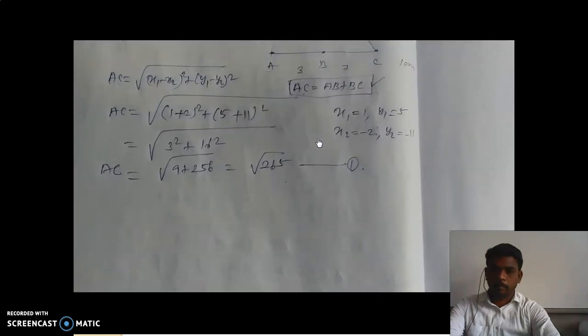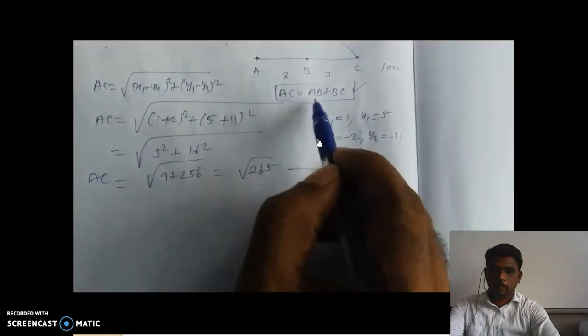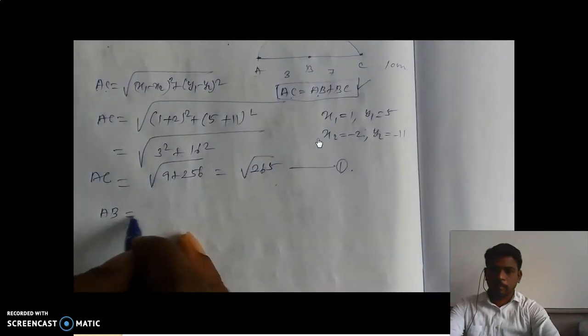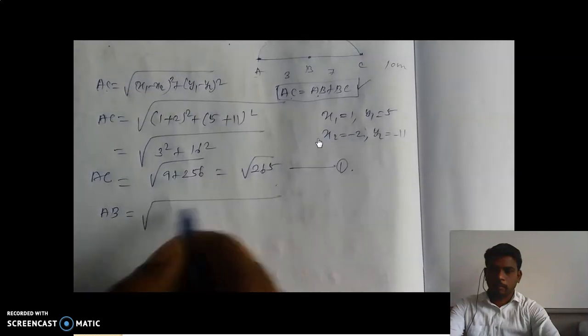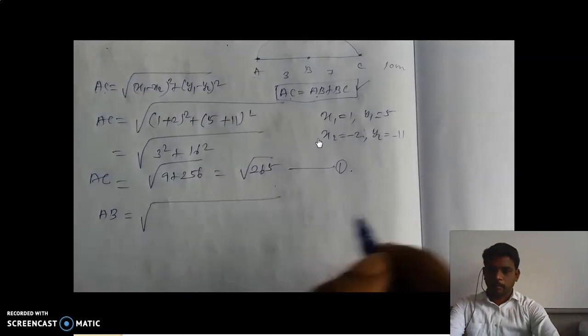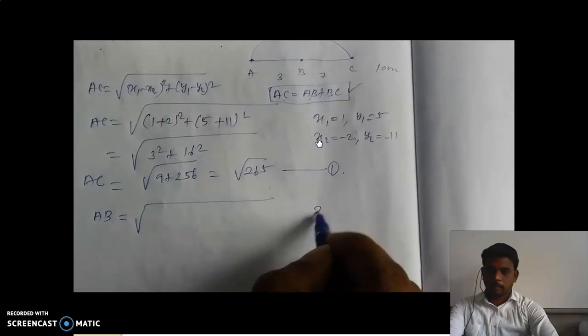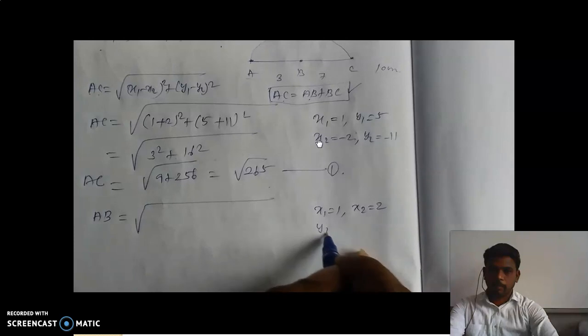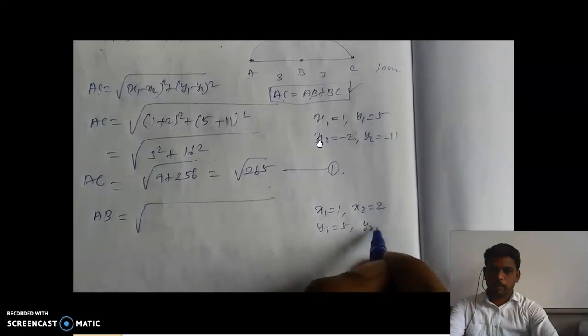Okay, next we are going to find out AB and BC one by one. AB is nothing but the distance between the points A and B. Here also we are going to substitute in the same distance formula. Here x1 is 1 and x2 equal to 2, and y1 is 5 and y2 equal to 3.